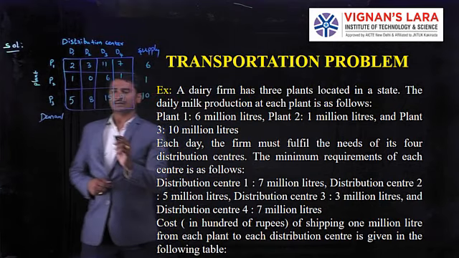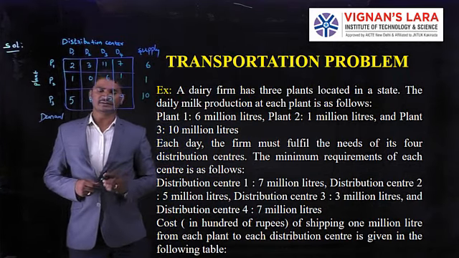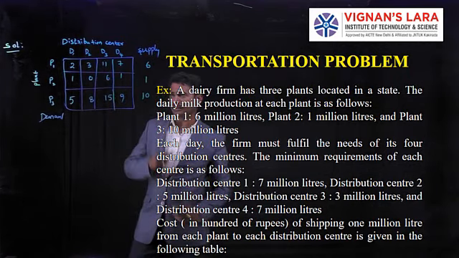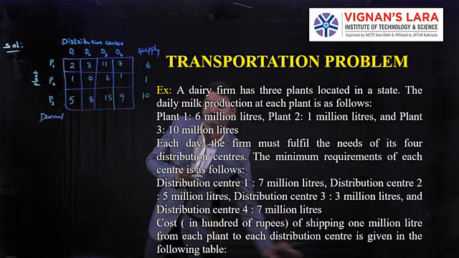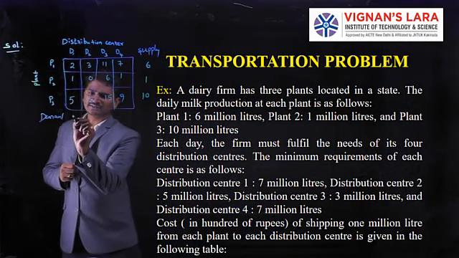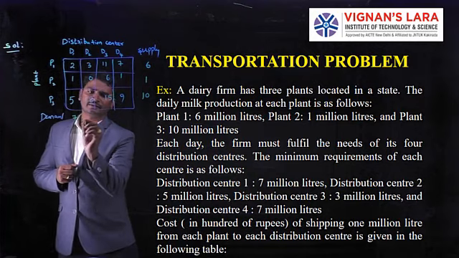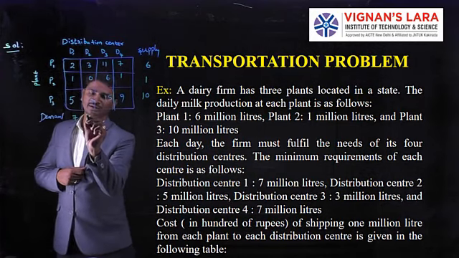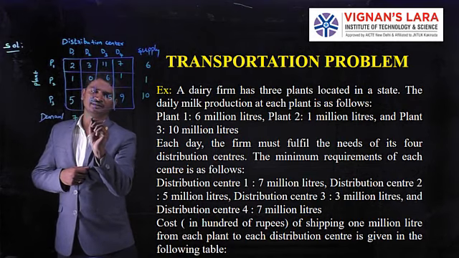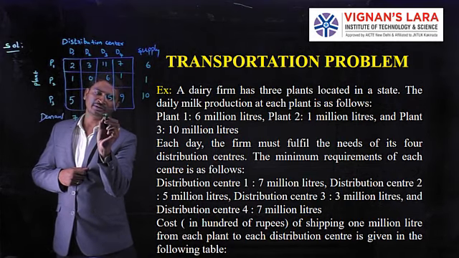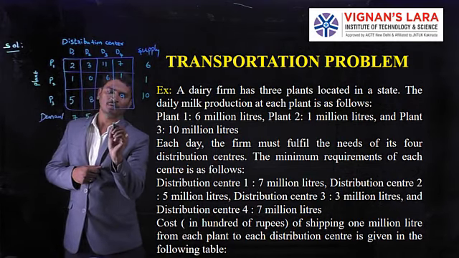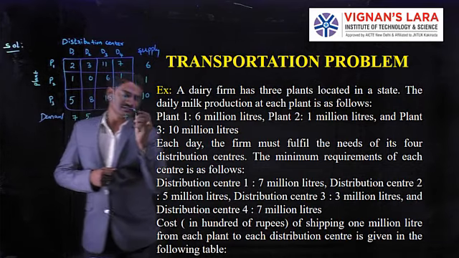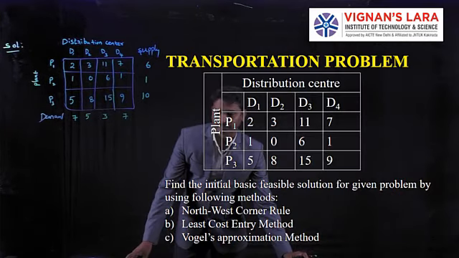Next, the distribution centers: distribution center 1 is given 7 million liters, distribution center 2 is 5 million liters, distribution center 3 is 3 million liters, and distribution center 4 is 7 million liters. This is the given data.